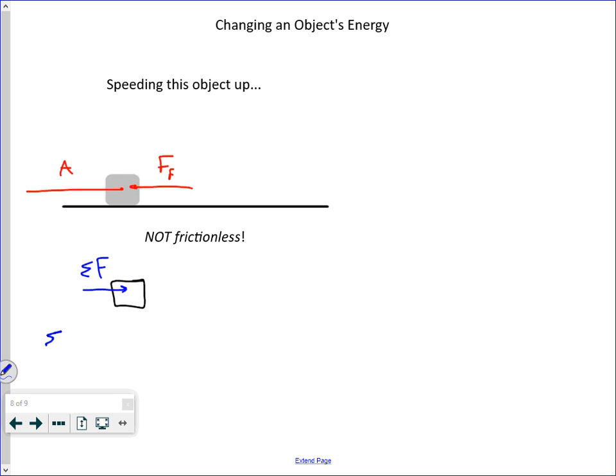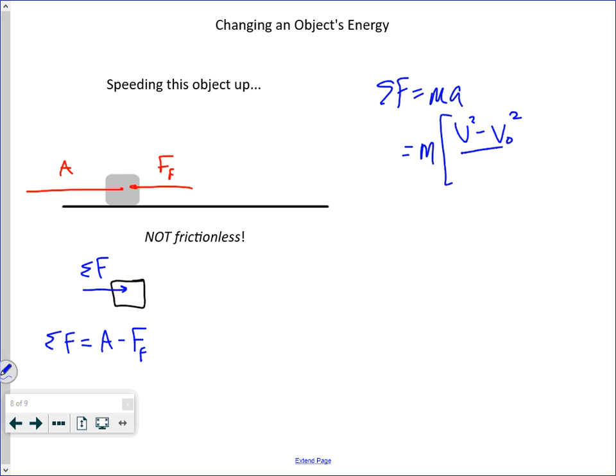Agree? Where the net force is A minus F. Well, remember, if we go net force equals MA, remember what we did with this before? This MA, we said that's M times (V squared minus V naught squared) over 2 delta X. And then we ended up taking this delta X and moving it over here.